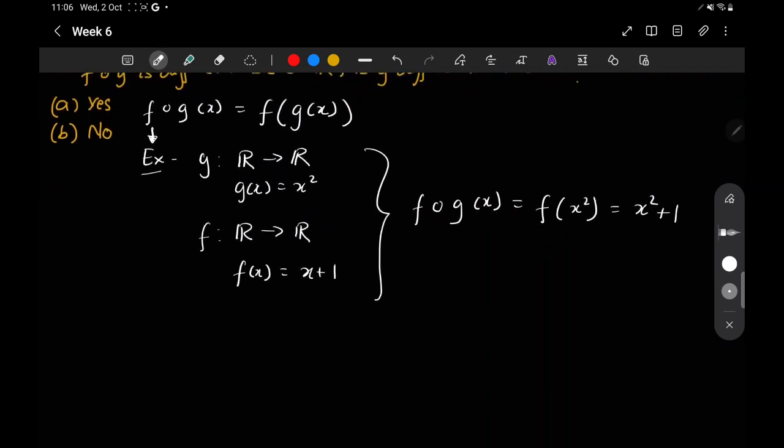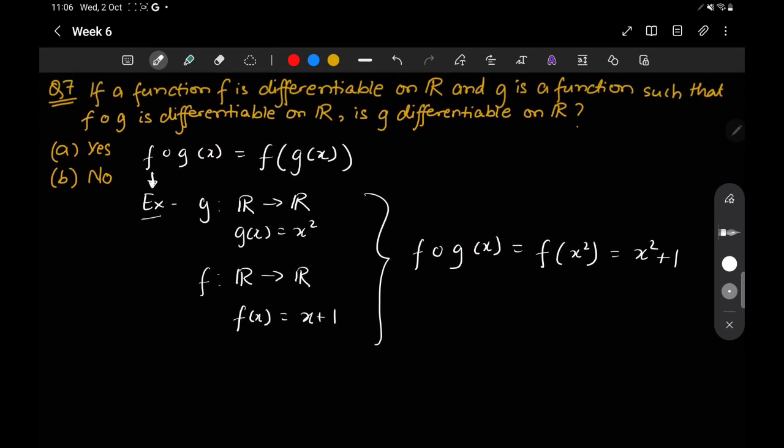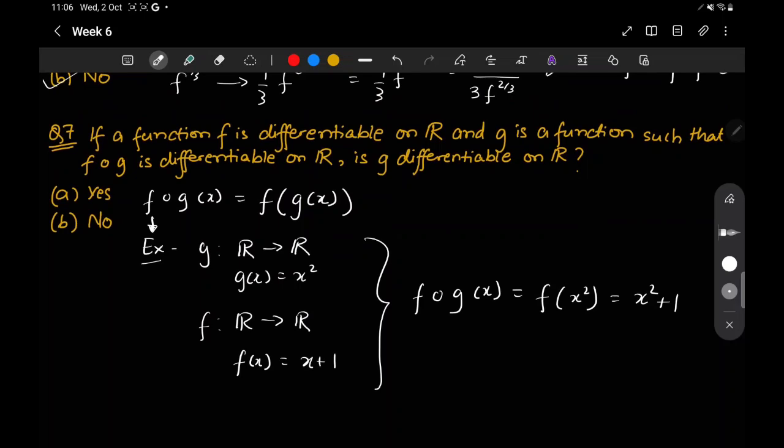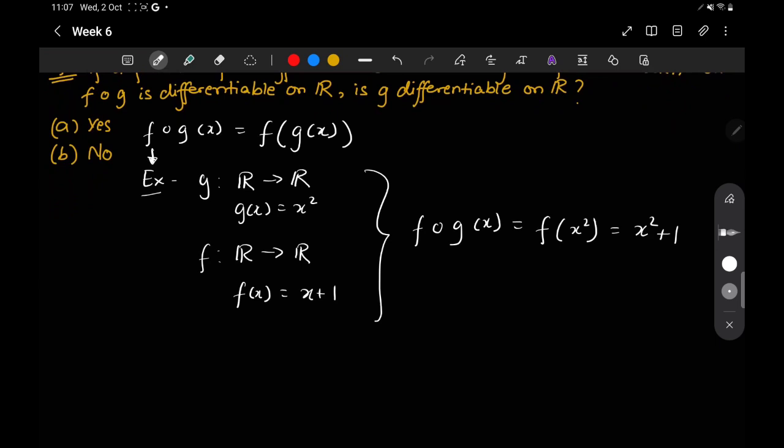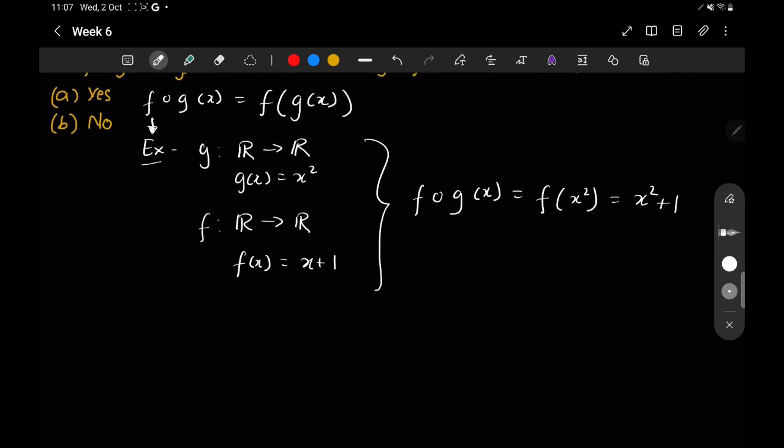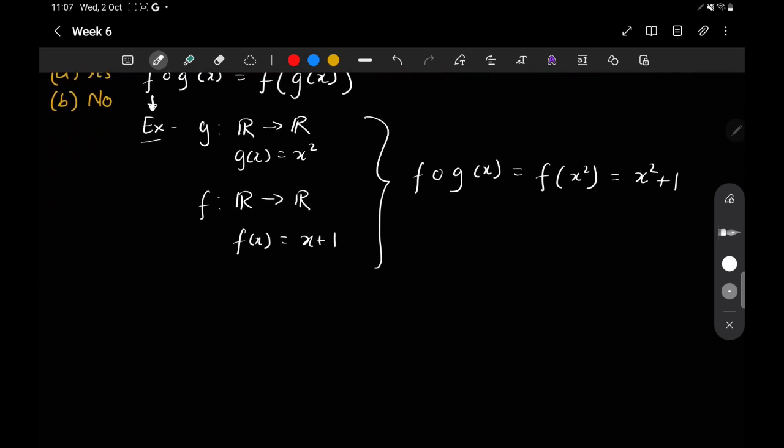Now let us come to this question and see whether the statement is true or not. So let me just repeat the question once. If a function f is differentiable and g is a function such that FOG is also differentiable, then we need to see whether g is differentiable or not. So in this case, let us look at the following example.